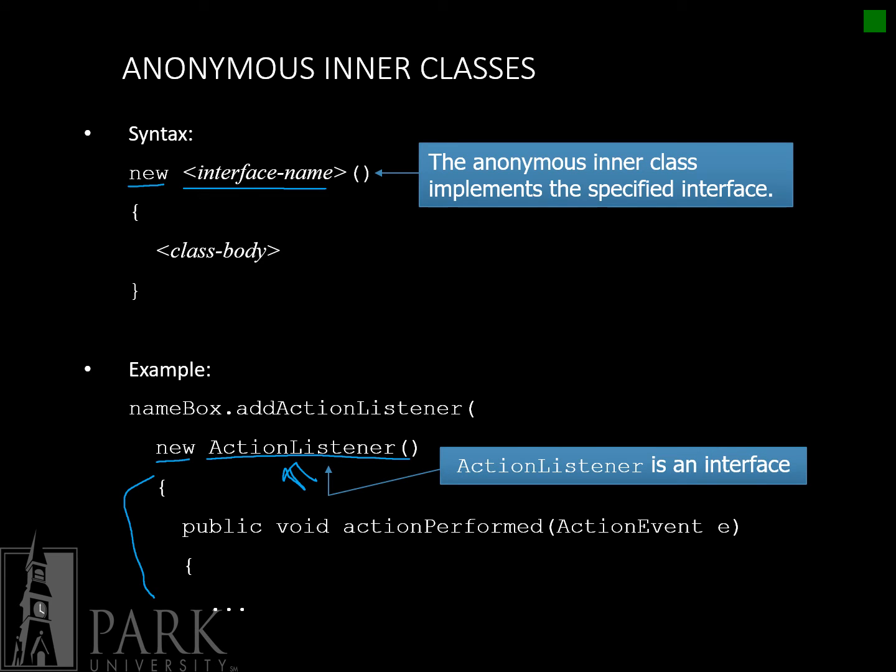Remember, this is an interface. So as an interface, our code must meet the requirements of that interface, which is, in this case, we have to have an action performed method that takes an action event parameter. So you can see here our inner class does that, and so we don't actually have to construct a whole class. We can use an anonymous inner class.